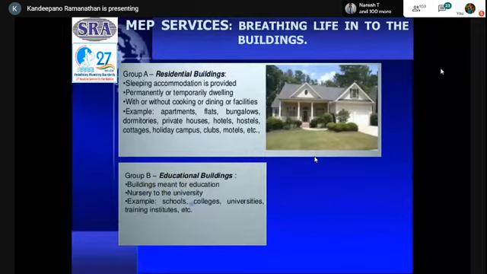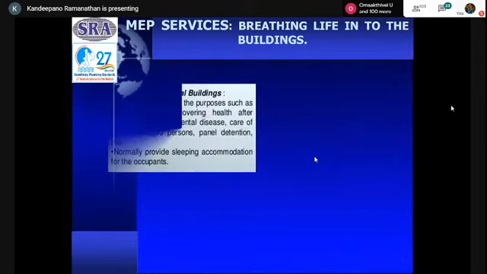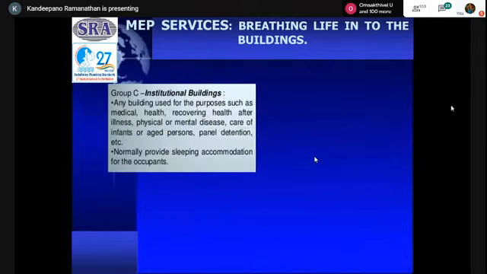Now, residential buildings, of course, people know, comprise single dwellings to gated community apartment complexes and also hotels, hostels, etc. Group B, educational buildings, as the name goes, are schools, colleges, universities, etc. Institutional buildings are any buildings used for the purpose of healthcare and similar healthcare-associated purposes.